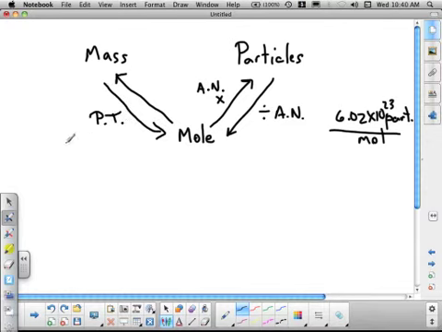And what's on the PT is how much a mole weighs. It is the molar mass. If it's an element, then you can read it right off the table. If it is a compound, then we're going to have to add those molar masses up. So the units for molar mass are grams per mole.